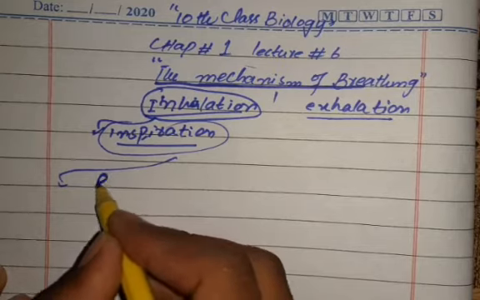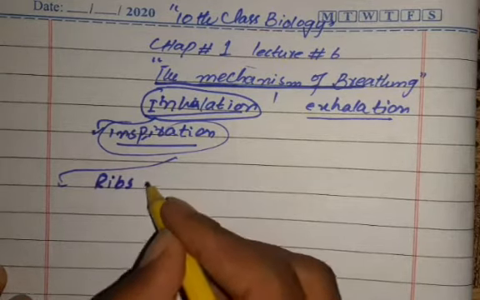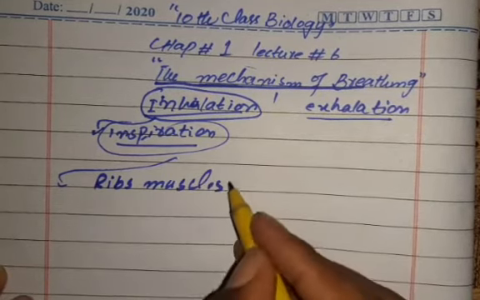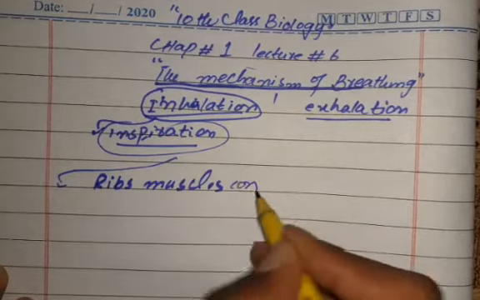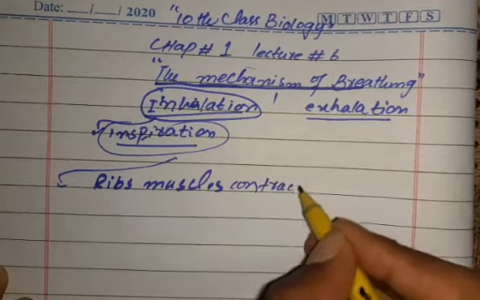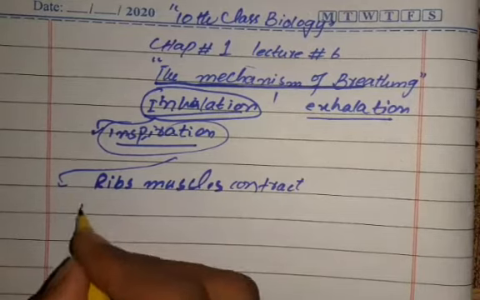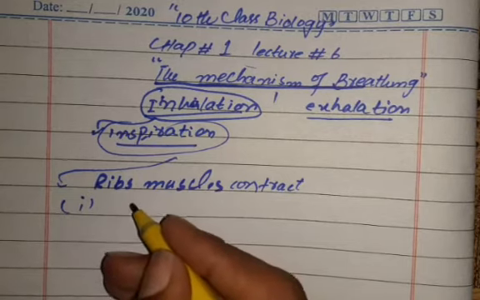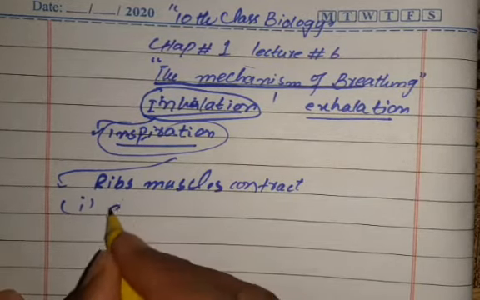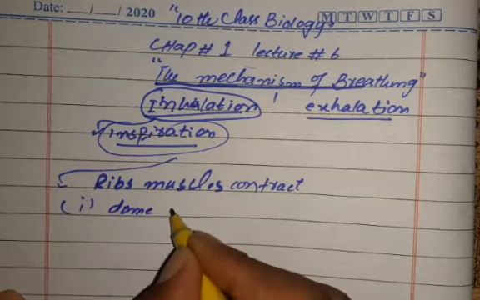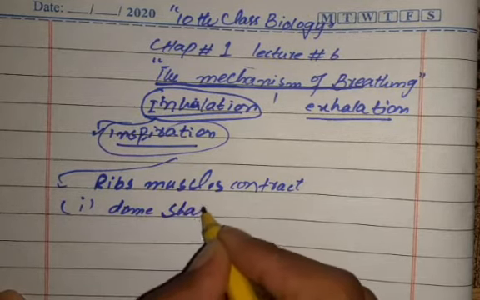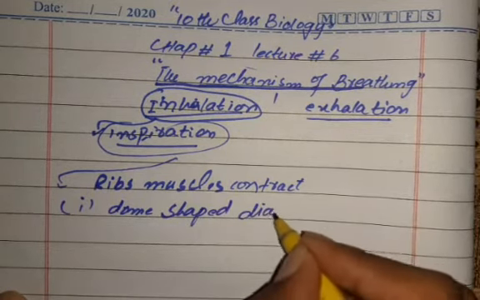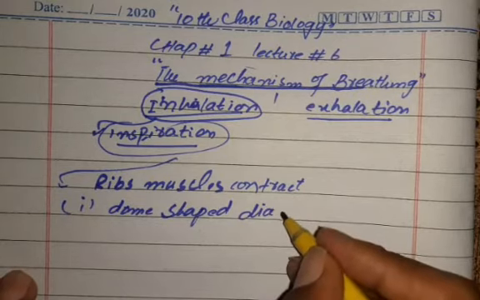One is rib muscles contract. And the second one is the dome-shaped diaphragm. I have talked about the diaphragm in a previous lecture.